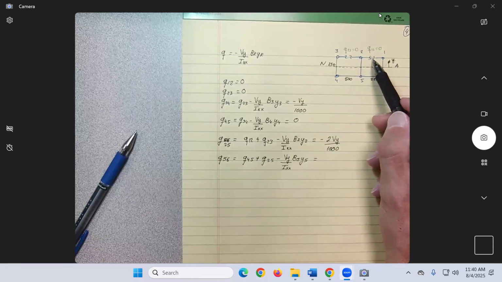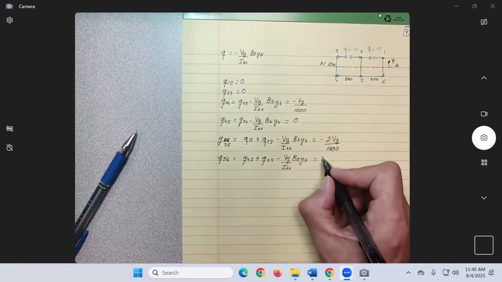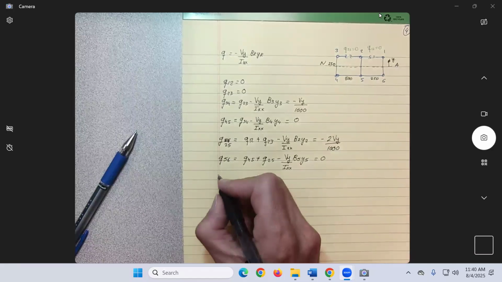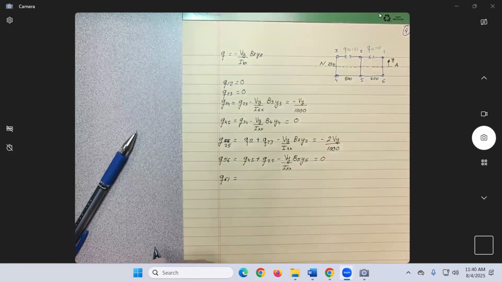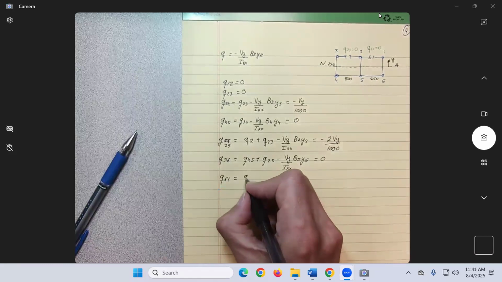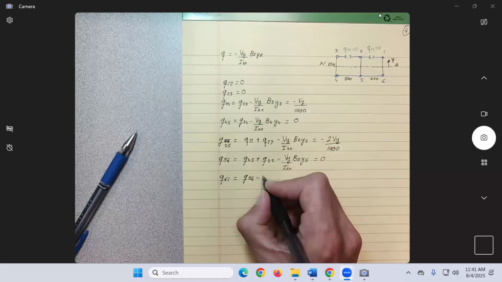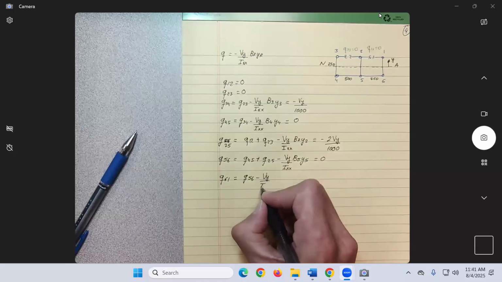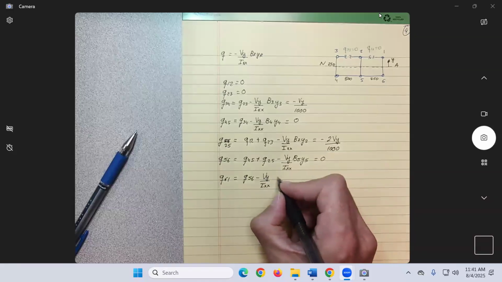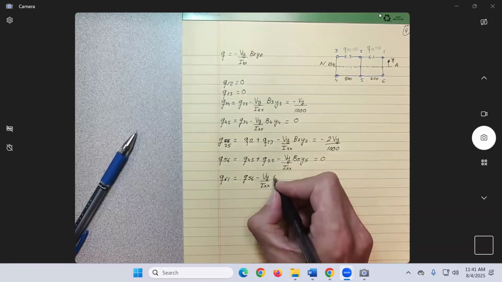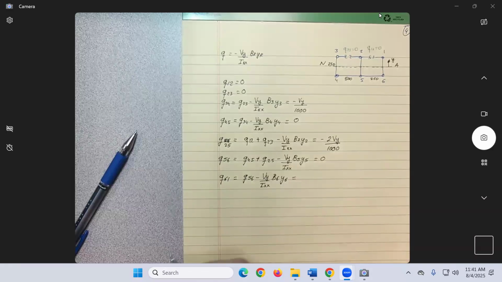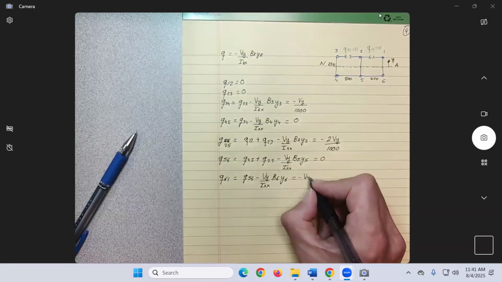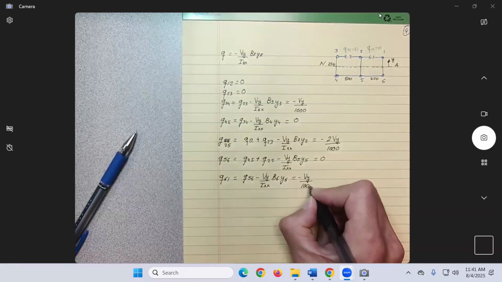If you look, it needs to be symmetric to Q12, so that should be 0. And then Q61 will be equal to what? Q56 minus Vy over Ixx B6 Y6. And this will give you, as well by symmetry, minus Vy over 1000.